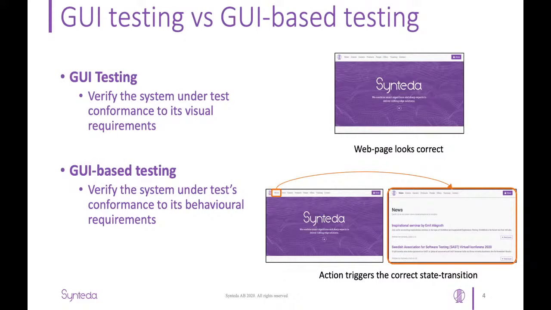So what we're doing there is that we're triggering actions, and we expect some behavior or change in state in the application we're testing. And this is then what we would refer to as UI-based testing, testing the behavior of the system rather than its visual appearance.